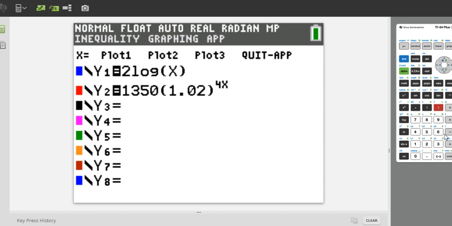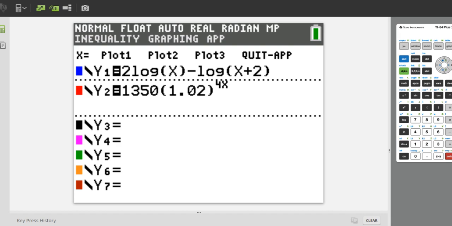So 2 log x minus, and then I'll do log of x plus 2. So x plus 2. Okay, press enter. And then down here, I'm going to enter in the other side of my equation, which is log of 2x minus 3.